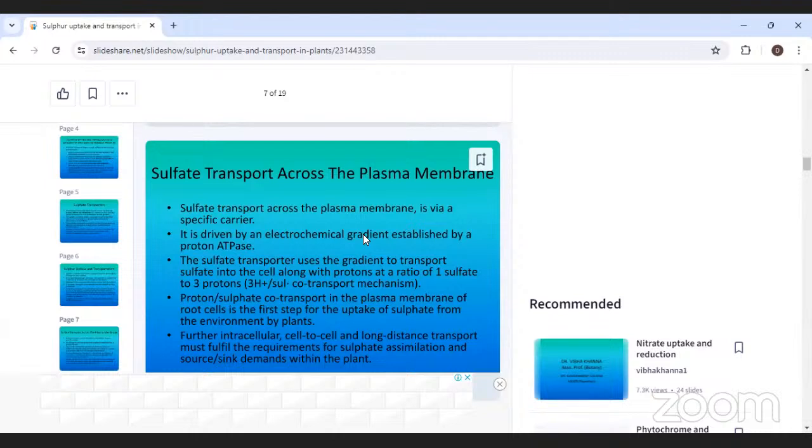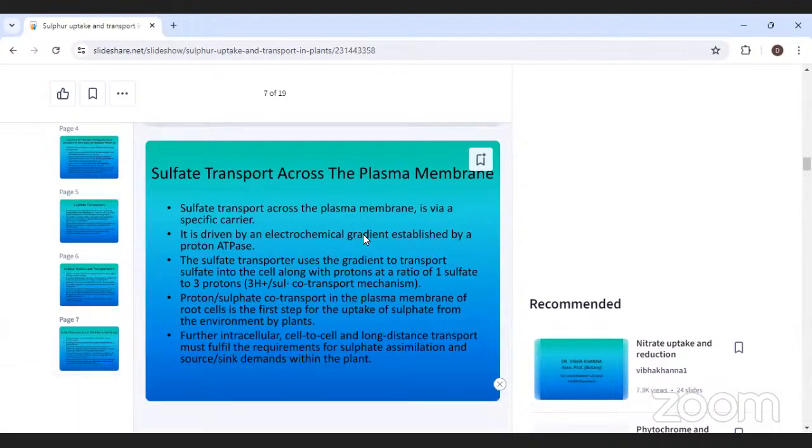The sulfate transporters are shown to be localized in the plasma membrane. Plants are known to contain multiple transporters with different affinities for sulfate, as revealed by experiments at the molecular level.